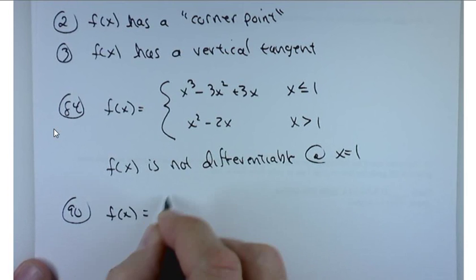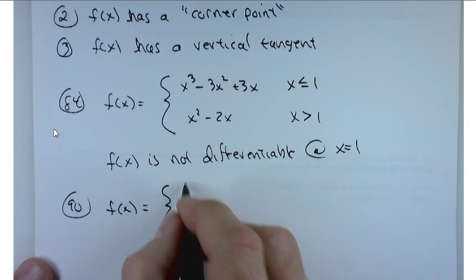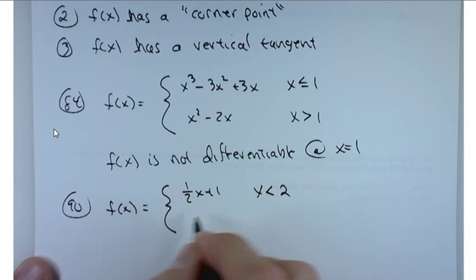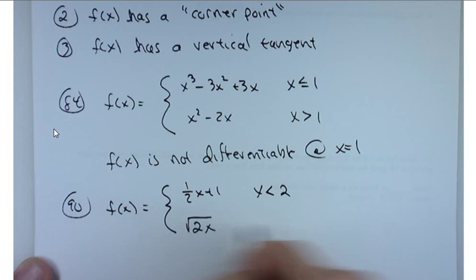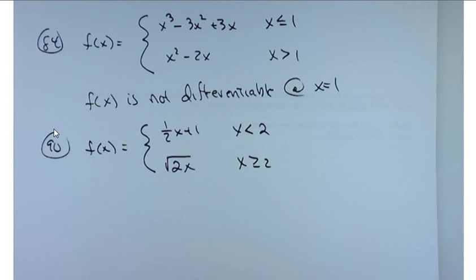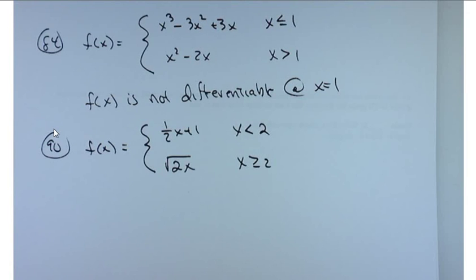F of x is 1/2 x plus 1 for x less than 2. And the other function is the square root of 2 times x for x greater than or equal to 2. So see if you can't graph this function much in the same way we did problem number 84. See how they line up.